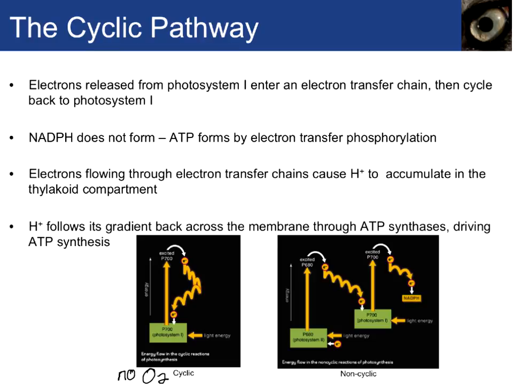So something else, too, that you don't have for the cyclic pathway is you're not going to make NADPH. So NADPH, remember, is another high-energy molecule besides ATP. So you still are going to form ATP with the cyclic pathway, but between the cyclic pathway and the non-cyclic pathway, which do you think is going to produce more energy?